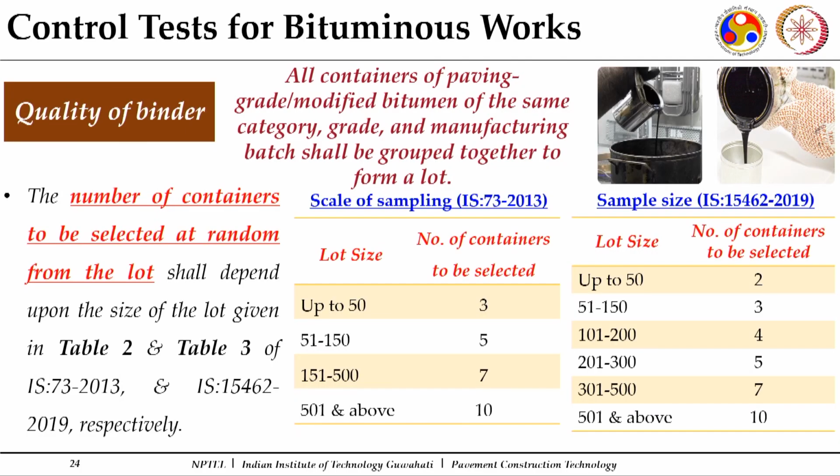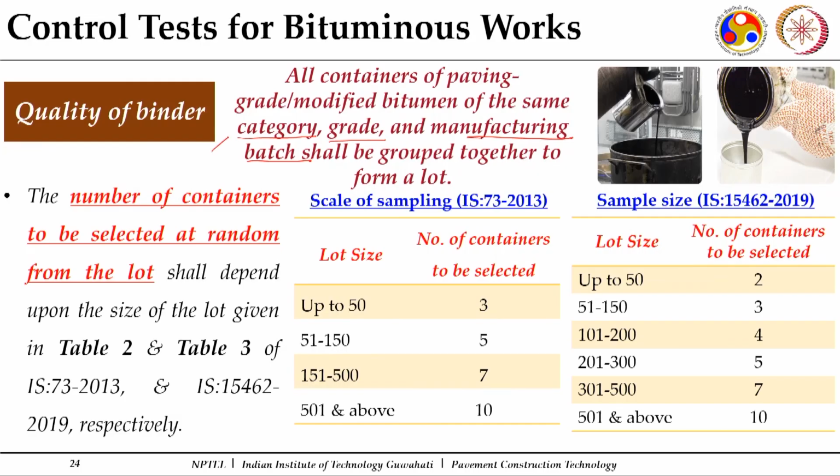Then quality of binders, because we will get binders, maybe neat viscosity grade binders or modified binders. When you get these different grades of binders, specifically of the same category, grade and the same manufacturing batch, that is known as one lot. So, a lot is of the same category, whether neat binder or modified binder, same grade, VG30 grade, and the manufacturing batch is also the same.